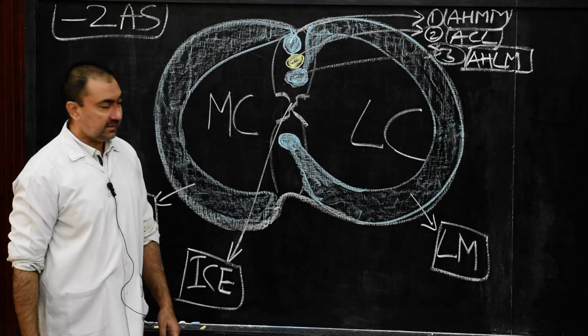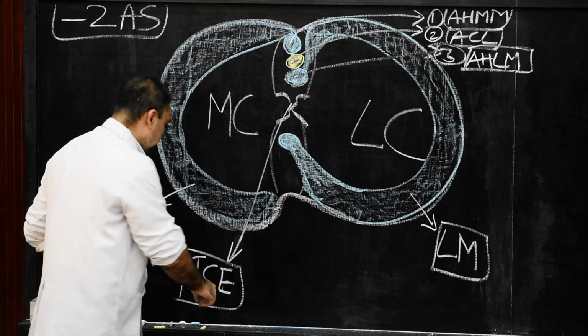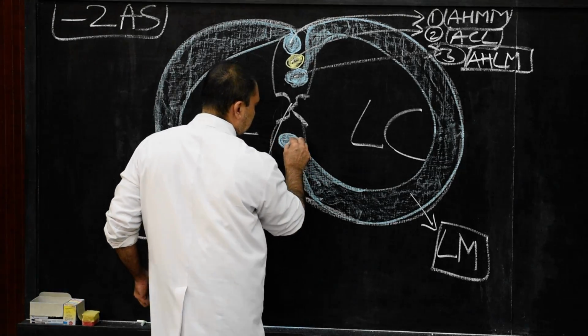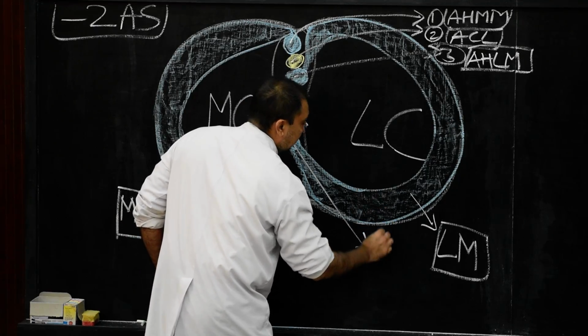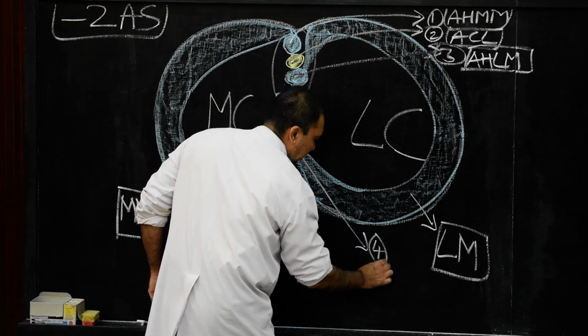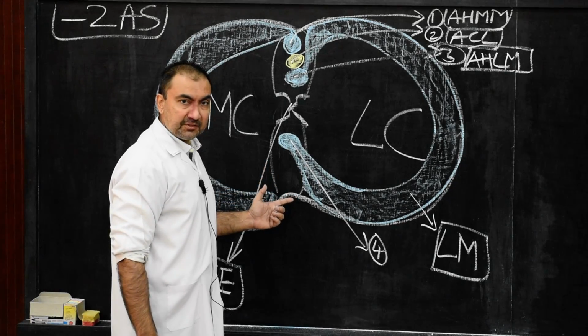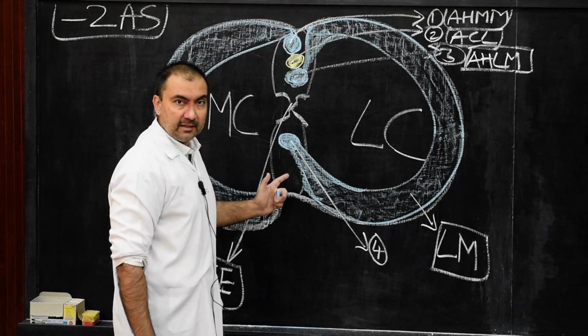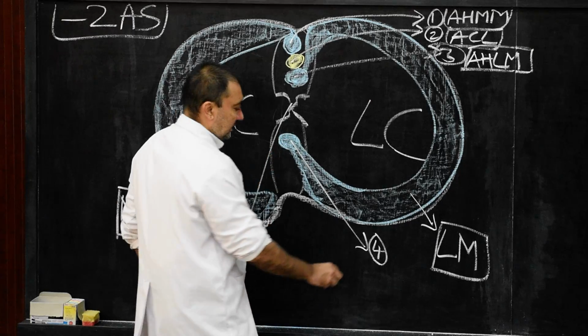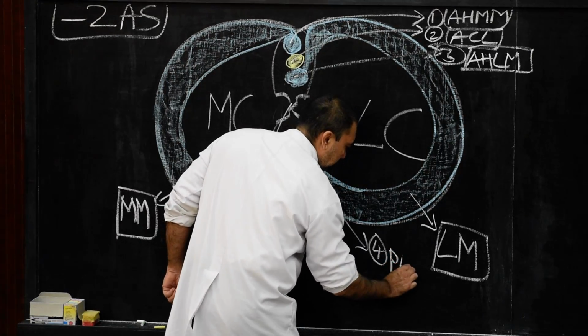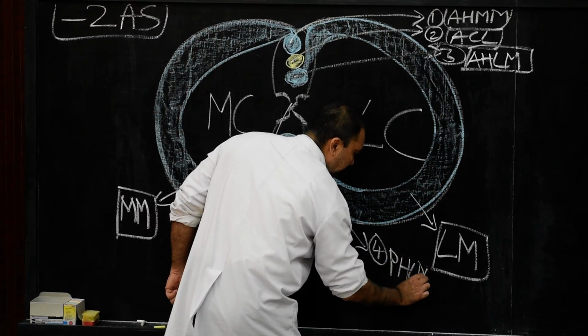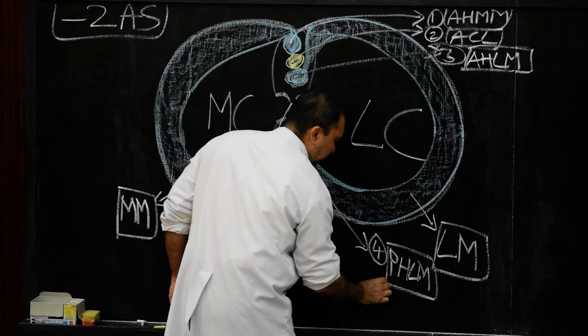Posterior horn of the lateral meniscus. You start from this. So here we are going to mark, let us mark here, this will be structure number 4. In sequence we are going from anterior to posterior. Now 4, 5, 6 will be the structures in the posterior intercondylar area. So this will be the posterior horn of the lateral meniscus, structure number 4.